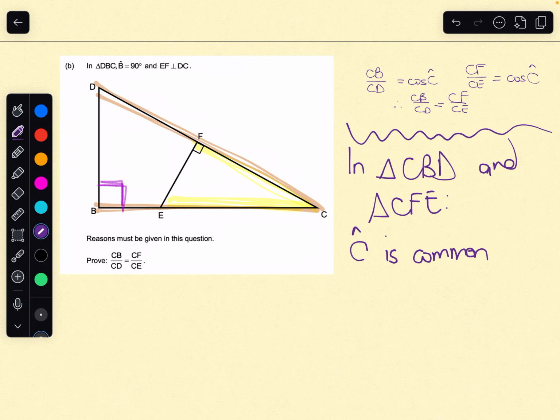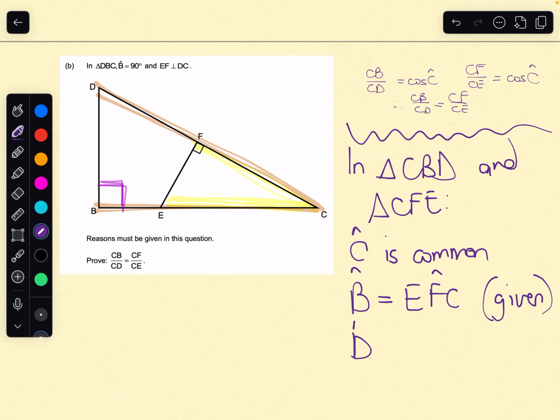And then the next thing we know is that angle B is equal to angle EFC, which we were given, right? We're told that both of them are 90. And then finally, angle D will be equal to this angle, which is angle FEC.